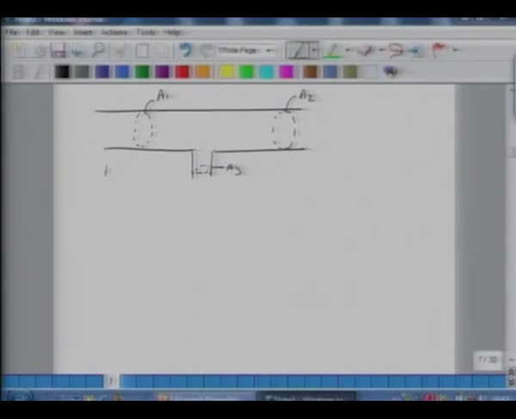Also this length is L1, this length is L2, and this length is L3. And then I have a volume here, not necessarily big, a volume here, V0.